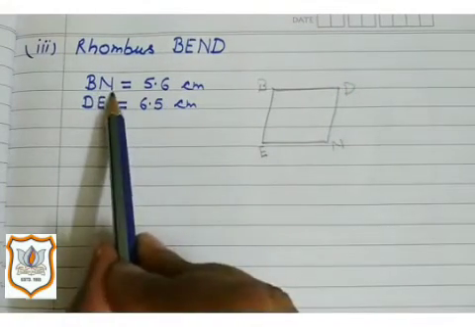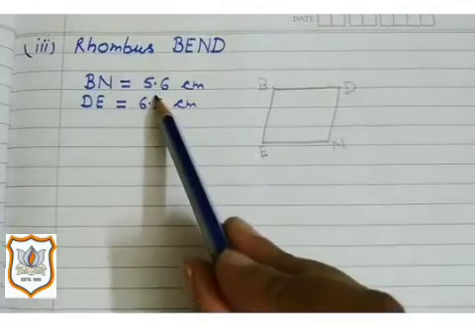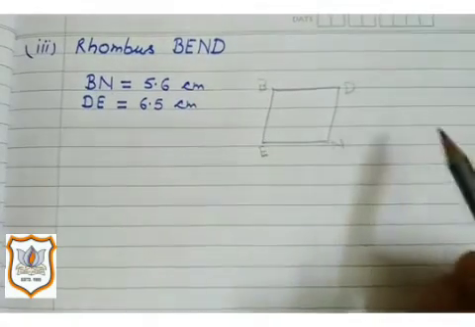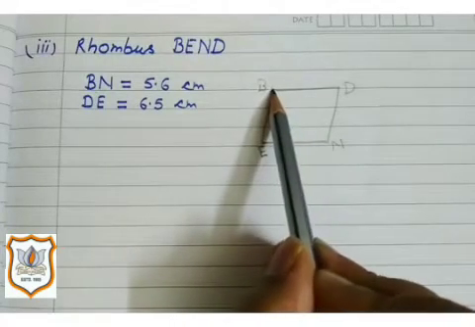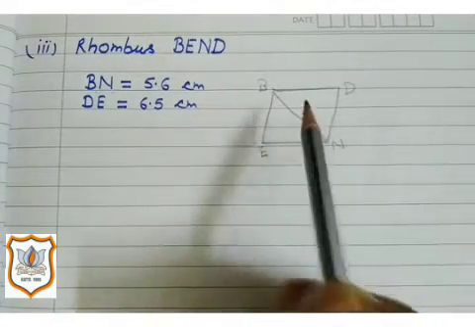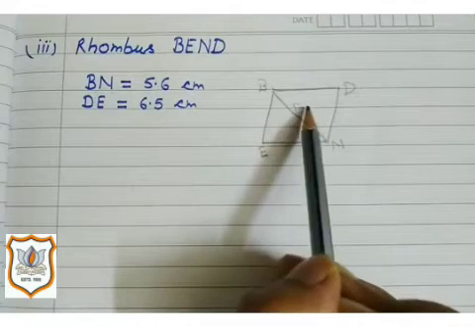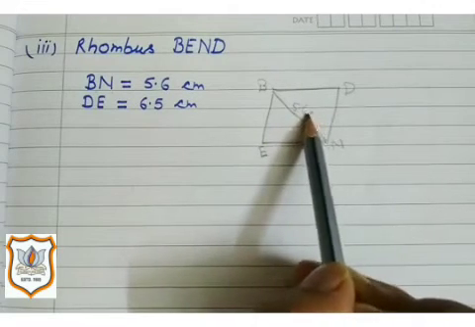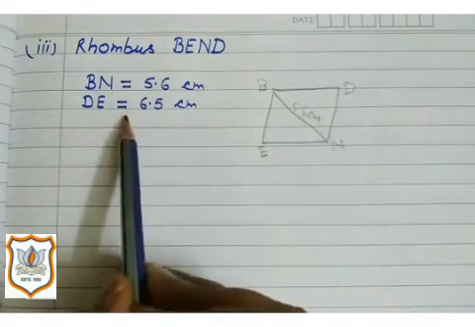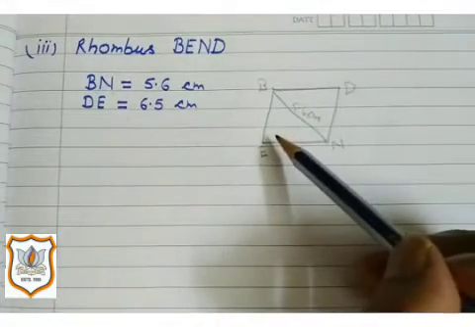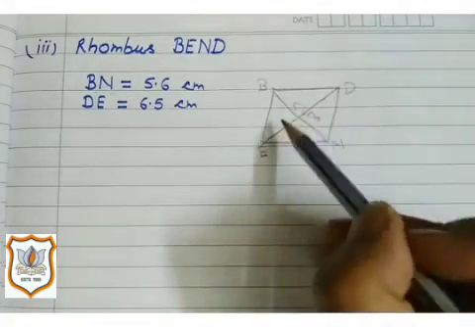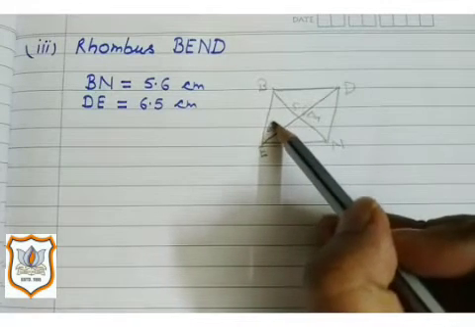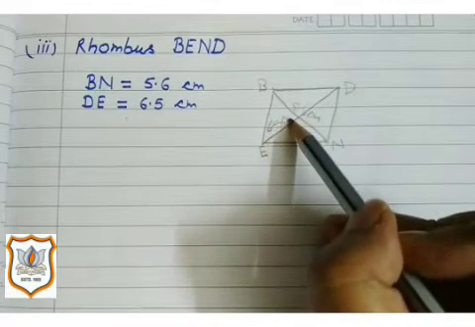Here BN is equal to 5.6 centimeter given. This is BN, this is 5.6 centimeter. And DE, this is DE, and DE is 6.5 centimeter.